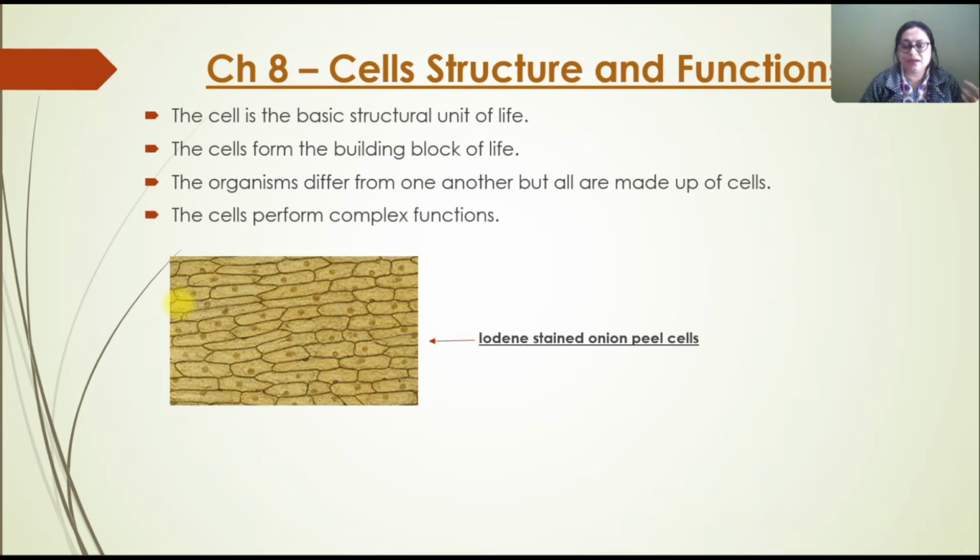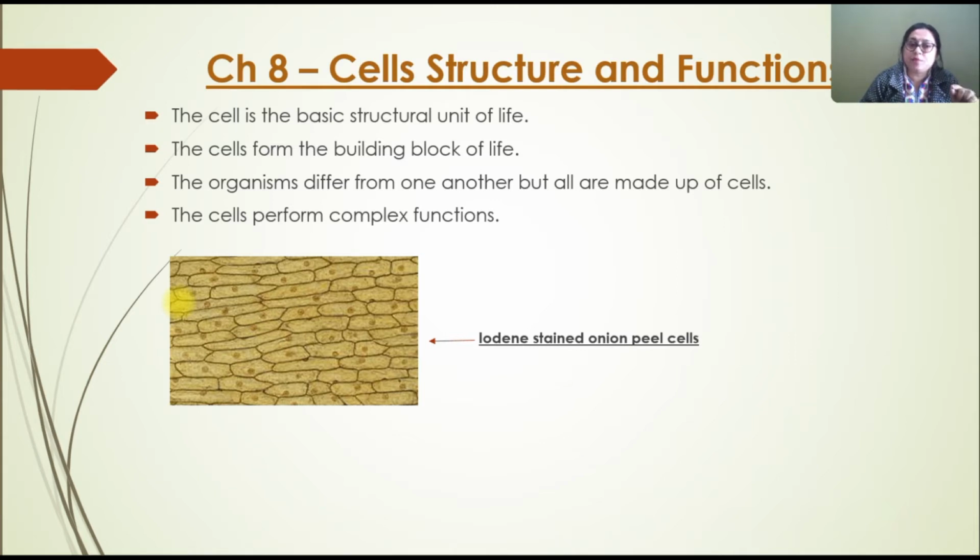And as we learned earlier, it is the basic structural unit of life. That means it gives the structure to the organism. And all organisms differ from one another, as we know, but all organisms are made up of cells.